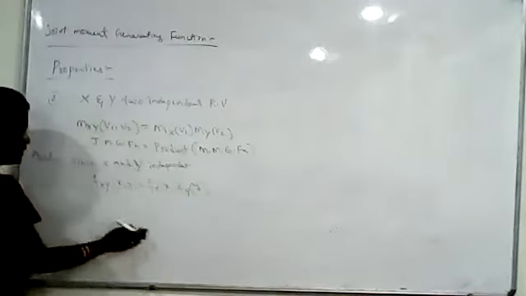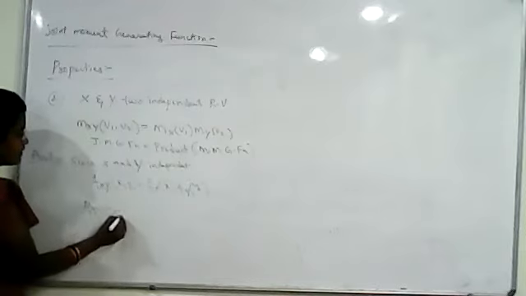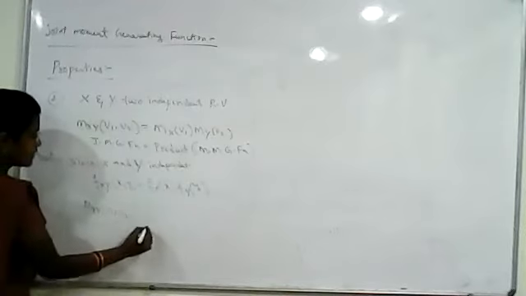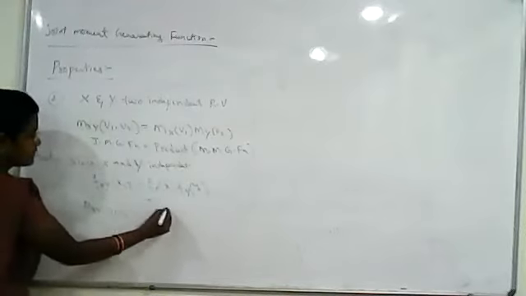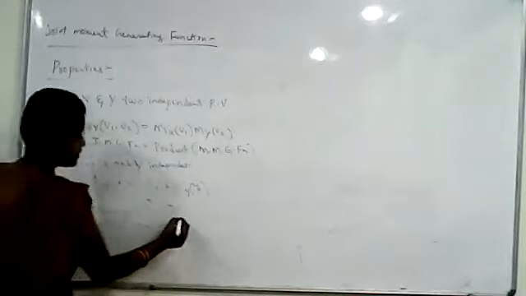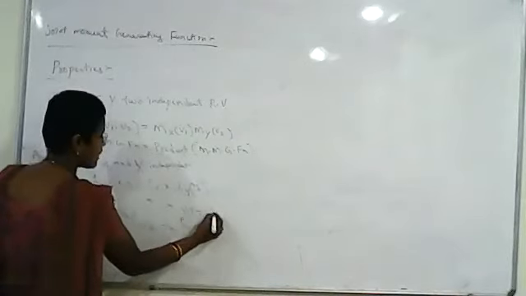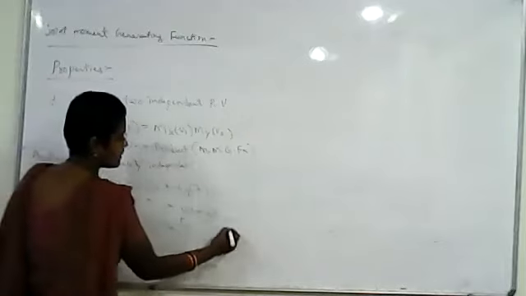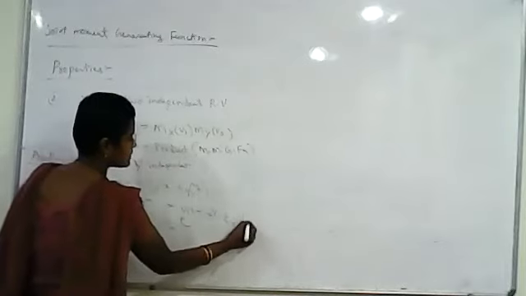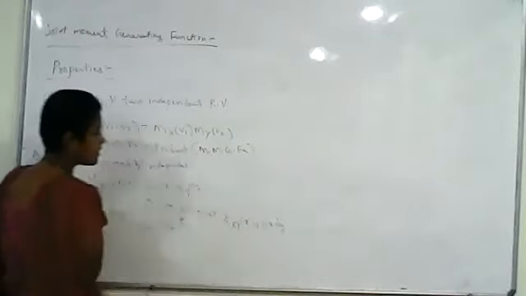Okay. Now, what is the joint moment generating function? It is given as integral minus infinity to plus infinity, integral minus infinity to plus infinity, e power v1x plus v2y, fxy of x comma y dx dy. This is the formula given.